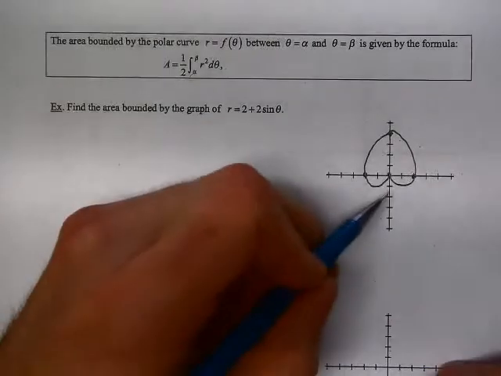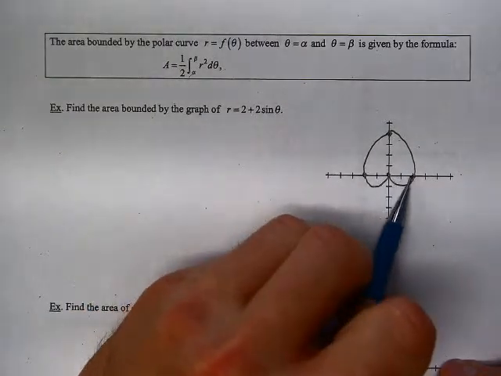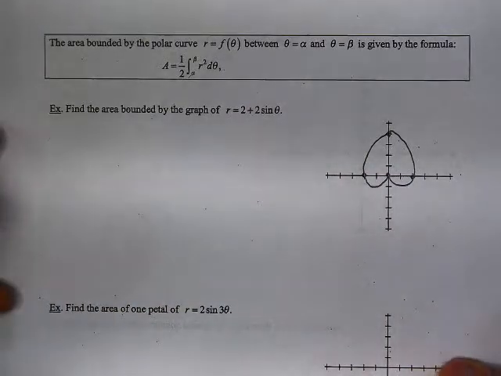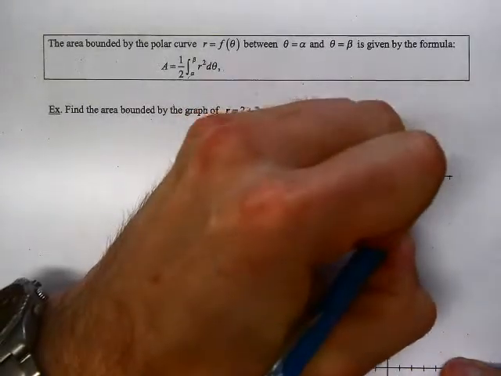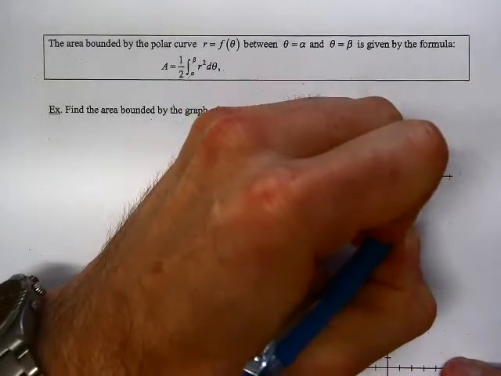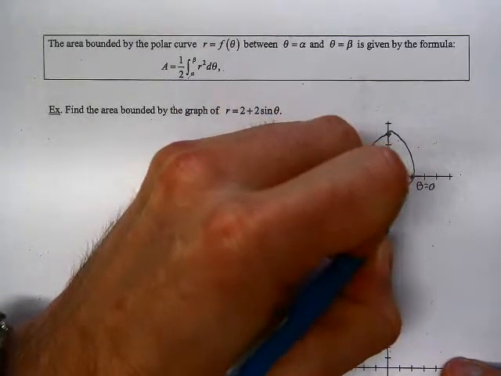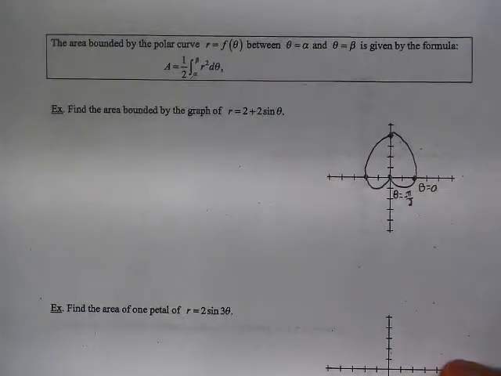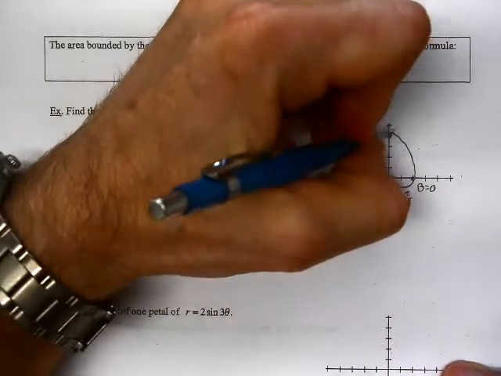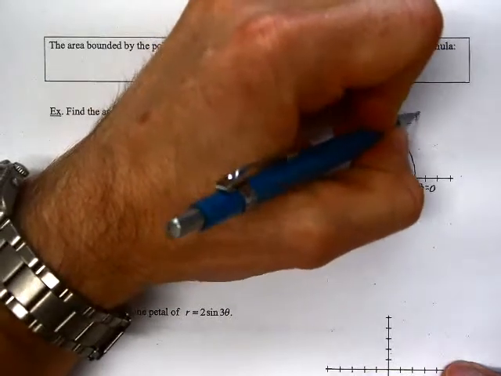All right, so we need to be able to think about where these locations on the graph occur. We're here when theta equals 0. We're here when theta equals negative pi over 2. And we're up here when theta equals pi over 2.